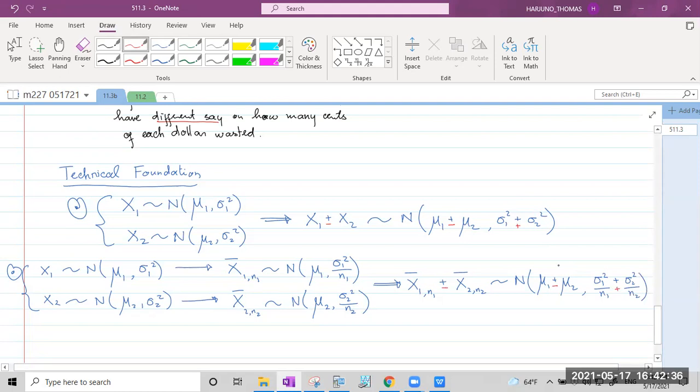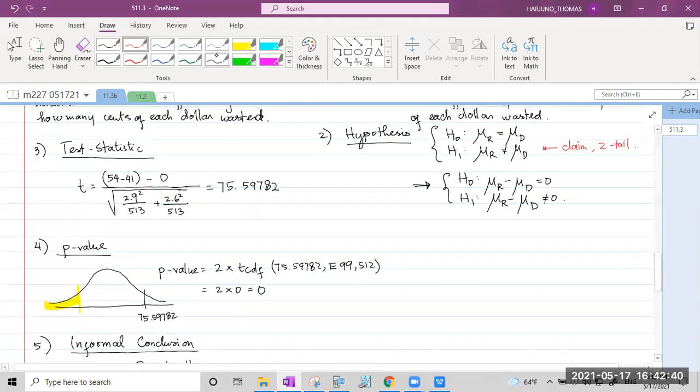Now that's why the denominator of our test statistic looks like this.